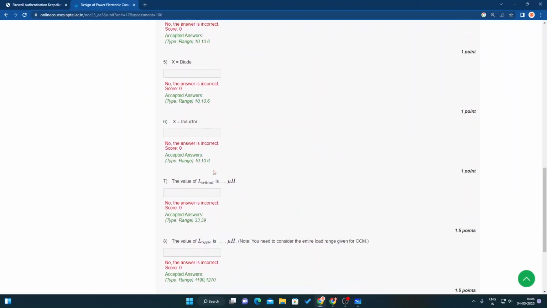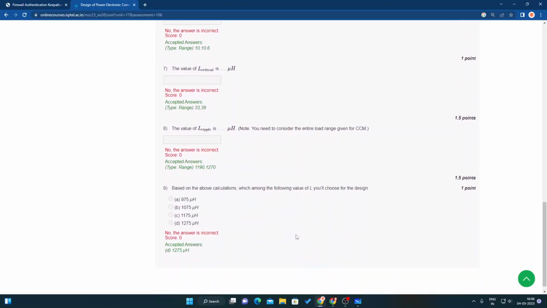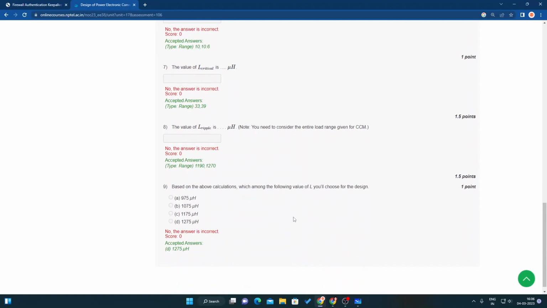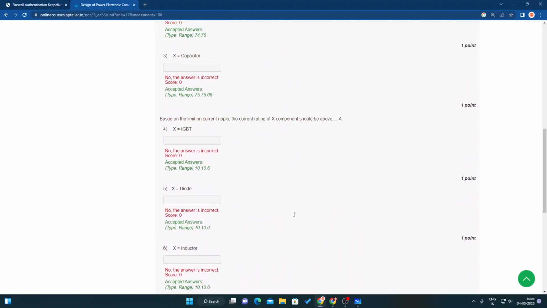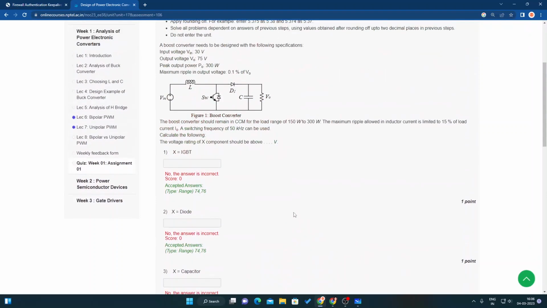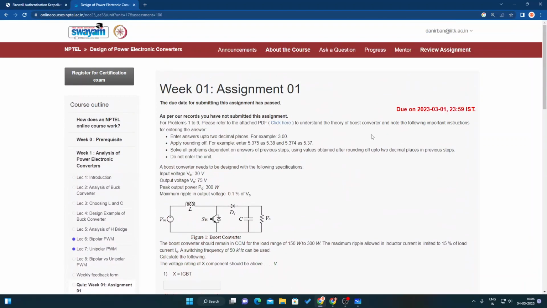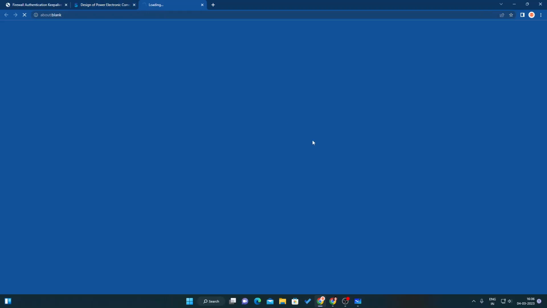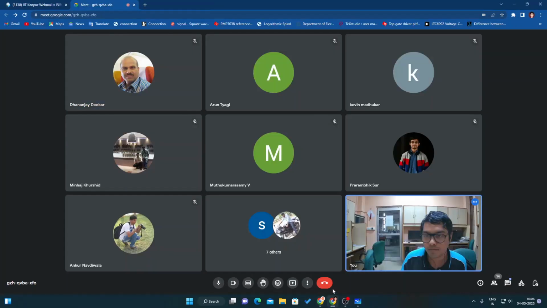Okay. So here the value of L critical will come out that way. Now you have to choose. Yeah, pretty much these things only. Any other question, doubt?